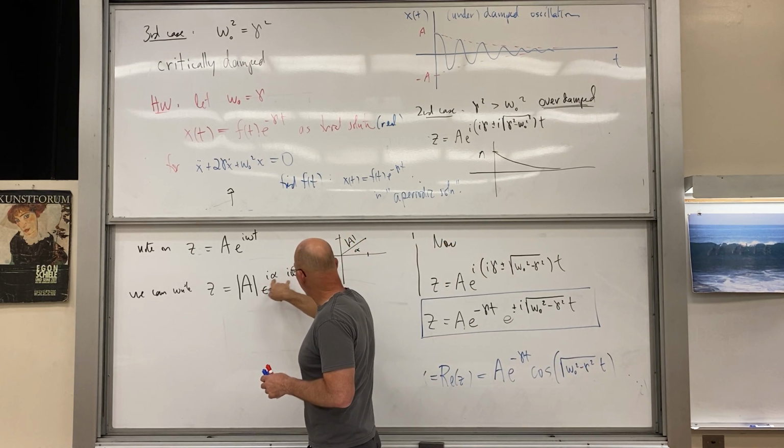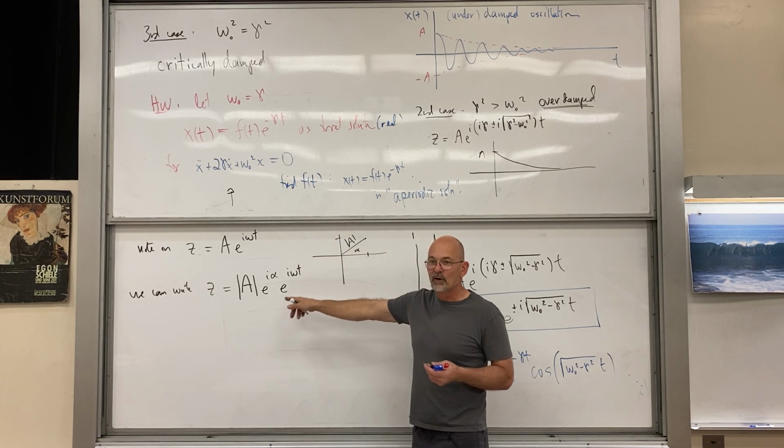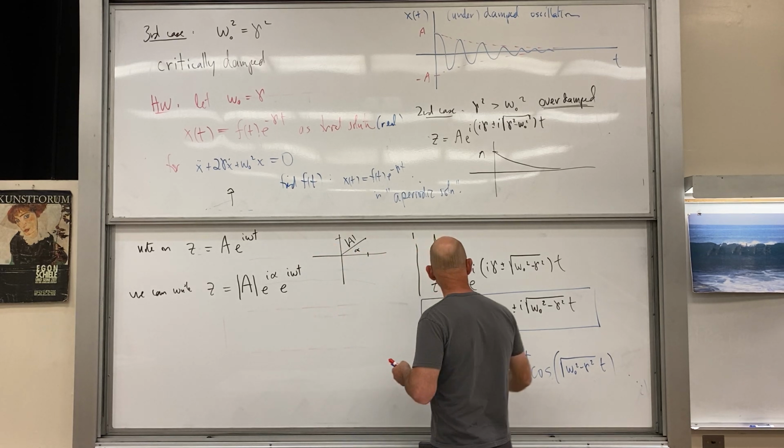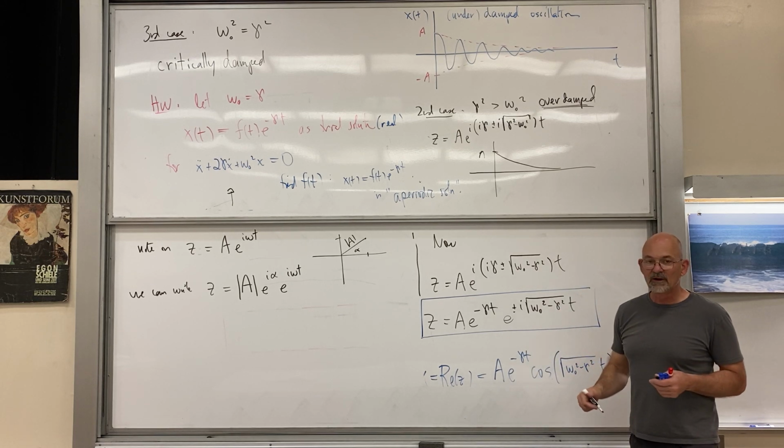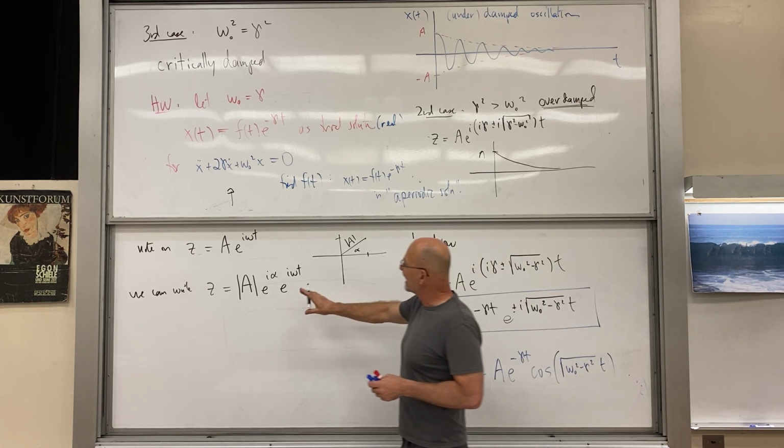And then this e to the i alpha can of course be absorbed in the i omega t plus alpha. And then we solve for omega, we get this, and we've got the alpha as well. So we'll run into this again.